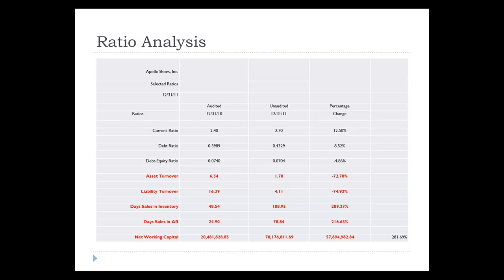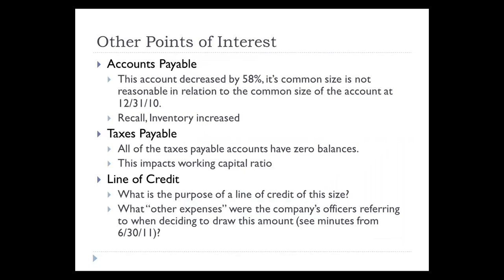But what we already talked about were things like the asset turnover. You see this number has changed significantly, decreased. You see the liability turnover, days sales in inventory, days sales in accounts receivable, and then you see this huge change in their net working capital. Those were where ratio analysis would point to potential problems that need to be investigated further.